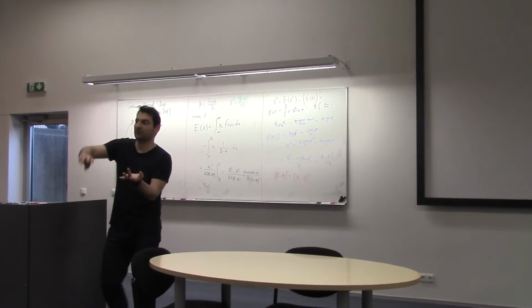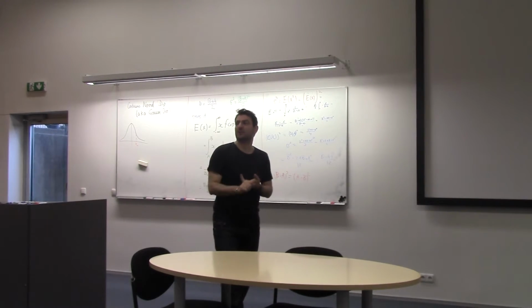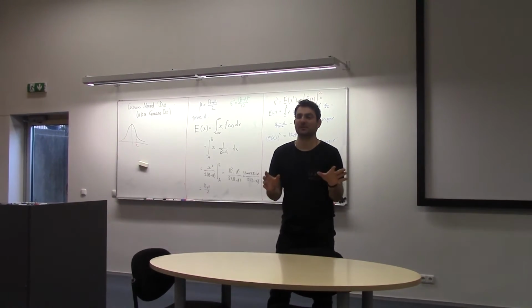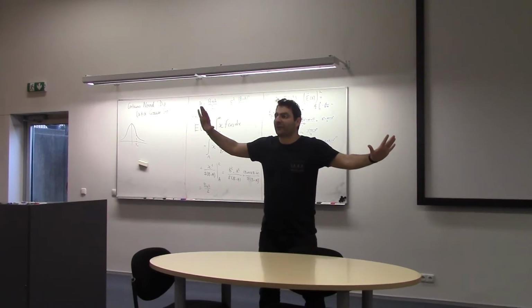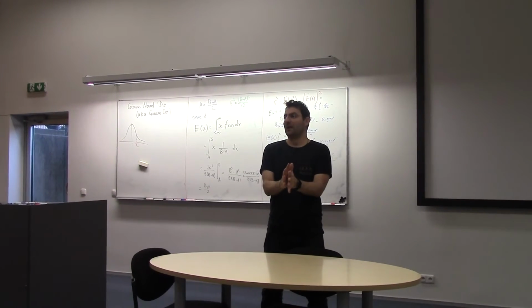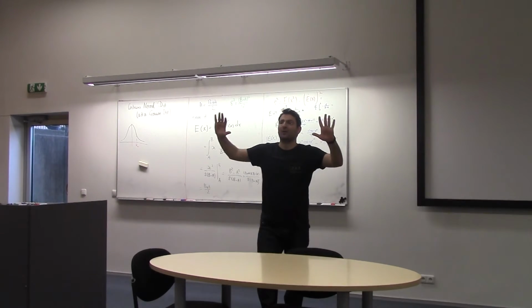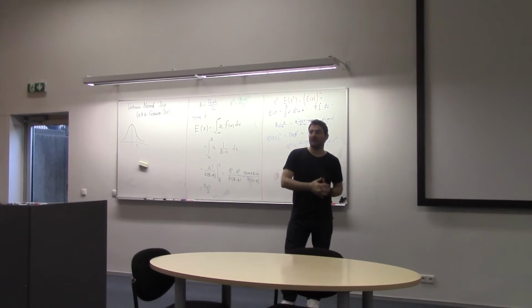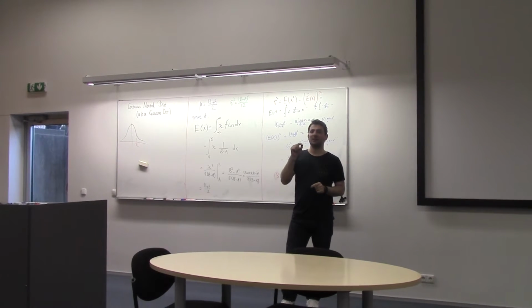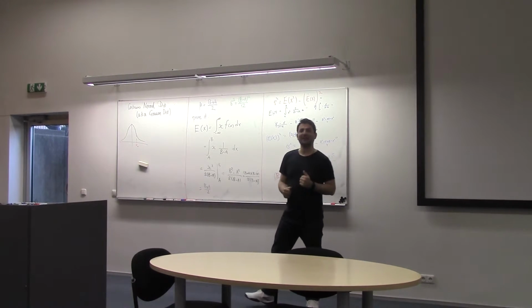So one of them has a uniform distribution, one of them has a binomial distribution, maybe all of them have a uniform distribution, doesn't matter. But if we add all these random variables with different distributions, we will get a normal distribution. It's called the central limit theorem.